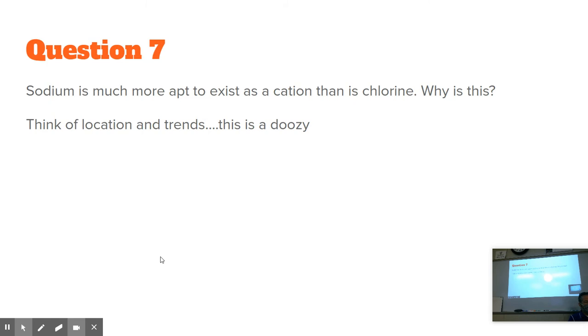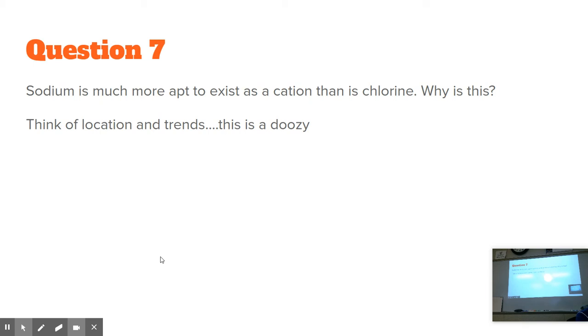Question 7. Now listen to this question carefully. Sodium is much more apt to exist as a cation than is chlorine. What is a cation again? Simply a positively charged ion. And an anion is a negatively charged ion. Now, think of the location and the trends: why would sodium be more apt to exist as a cation than chlorine?